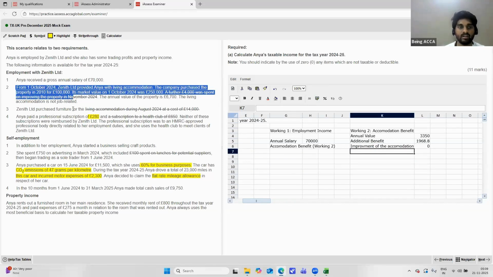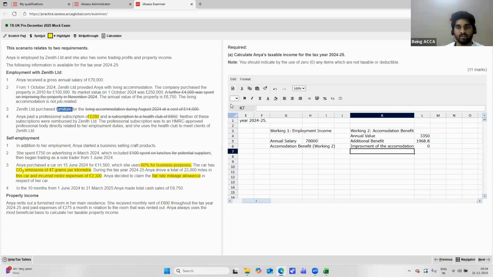Now we can see a furniture is also being provided as a part of the accommodation. So what is a taxable benefit for furniture being provided as a part of accommodation benefit? The value of it, 14,000, should be multiplied with 20%, and that should be included.